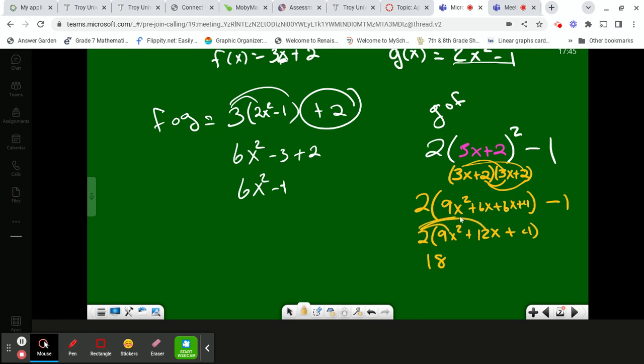Distributing my 2, I have 18x squared plus 24x plus 8. And then I've got to simplify with that minus 1.